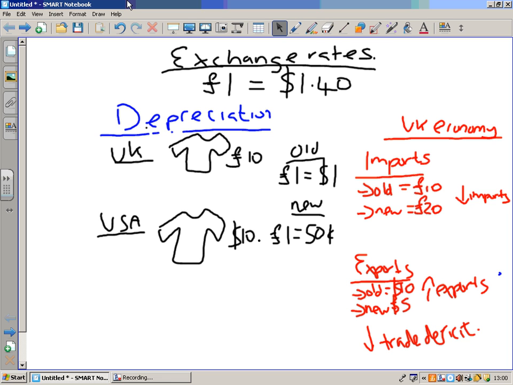That could be bad for your business. For holidaymakers, people buying things from abroad in the UK, our economic welfare might fall. Buying all this exotic food and fruit and vegetables and meat and all sorts of things from across the world now becomes more expensive, therefore we can buy less of it. So again, what we can see is that depreciation will create both winners and it will create losers.